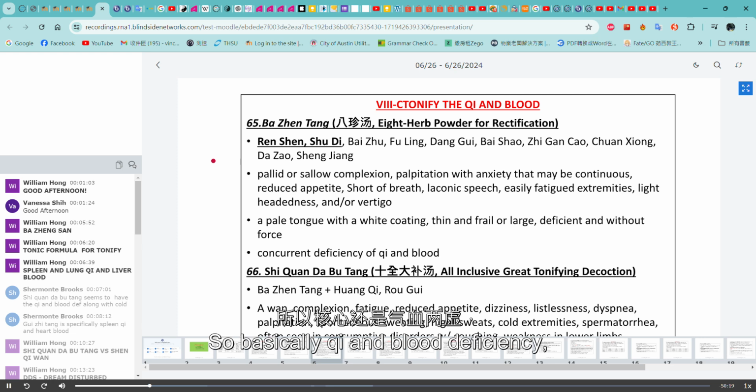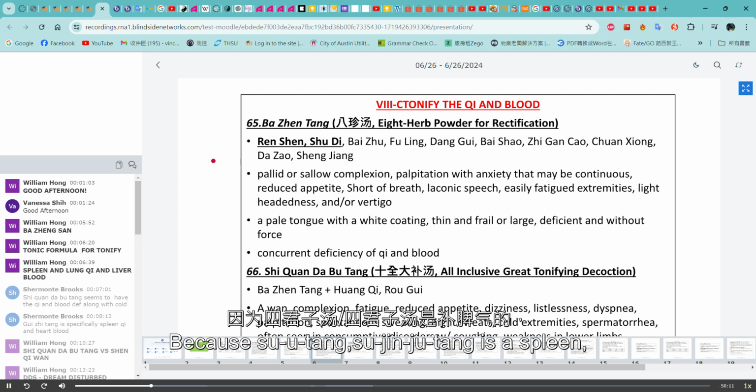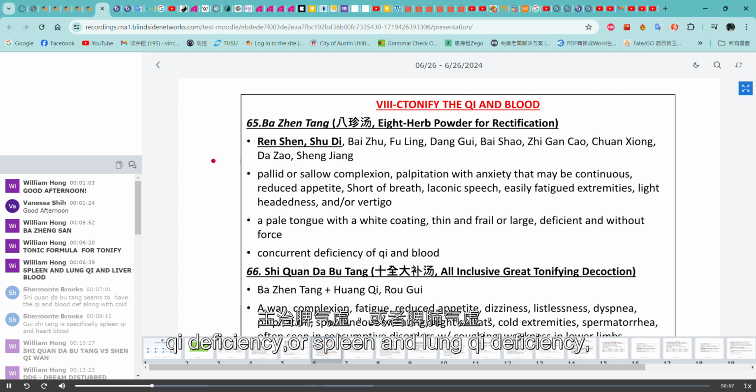So basically, qi and blood deficiency: qi of the spleen and blood of the liver, because Si Jun Zi Tang is a spleen qi deficiency, or spleen and lung qi deficiency, and Si Wu Tang is a liver blood deficiency.